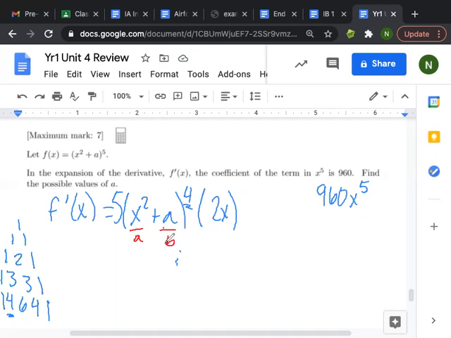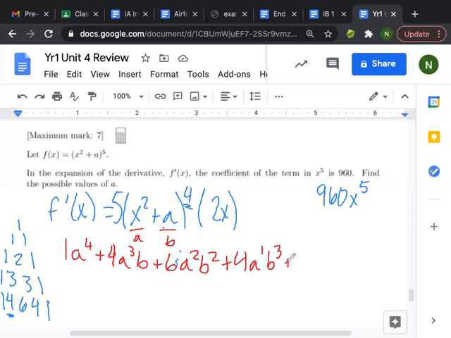Okay, so when I come up with an expansion, I use these coefficients down here at the bottom, and I have 1, A to the 4th, and then I'm going to proceed with the coefficients plus 4, and then I'm going to do A to the 3rd, B to the 1st, plus 6, A squared, B squared, plus 4, A to the 1st, B cubed, plus 1, B to the 4th.